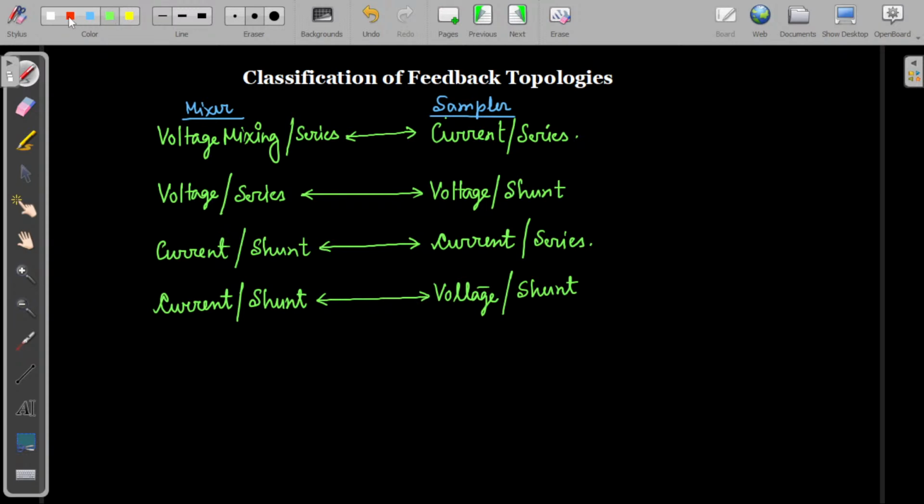So for the first case, this is one feedback topology. We will call it the voltage series topology. So we are naming it voltage series topology.